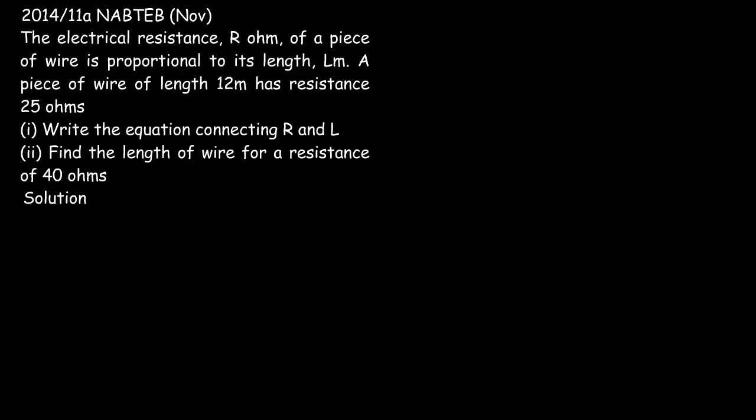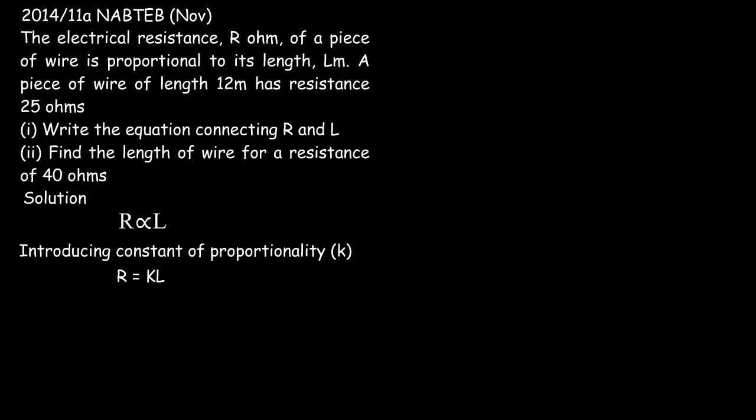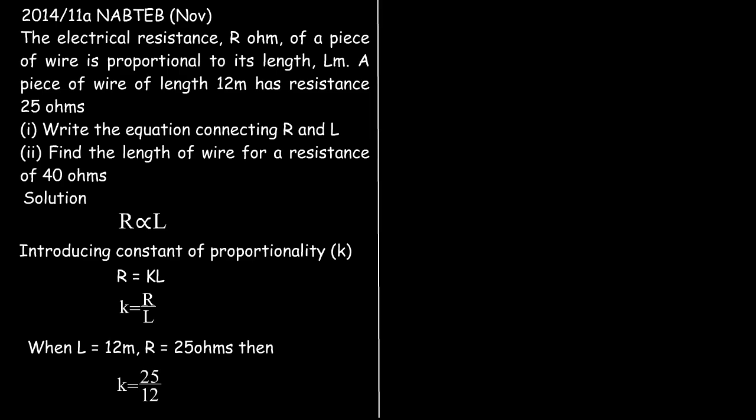Now for our solution, we know that R varies directly as L, and introducing constant of proportionality K, it becomes R is equals to KL. Dividing both sides by L, K will be equals to R over L. From the question, we know that when L is equals to 12 meters, R is equals to 25 ohms. Then K will be equals to, substituting for R and L, 25 over 12.